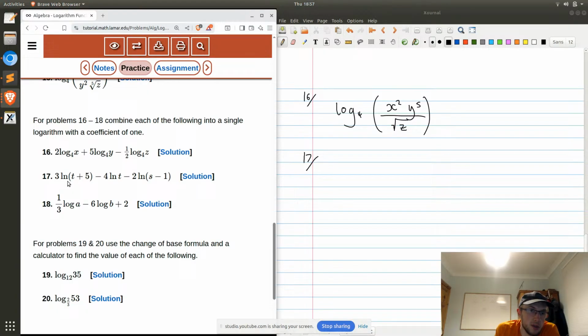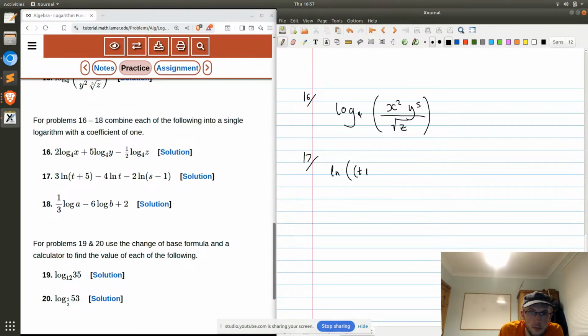For the 17th one, that will cube the t plus 5. That will raise the t to the power of 4. And in fact, let's just do this. Wait, I didn't see that.